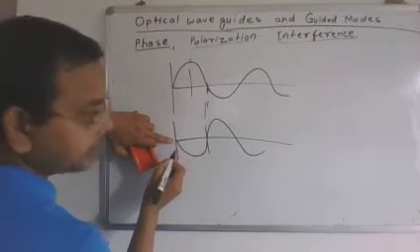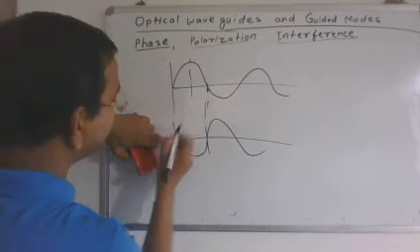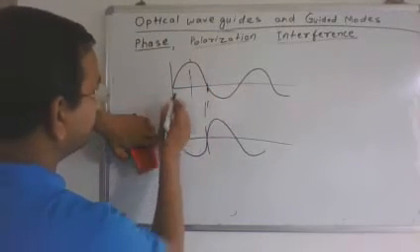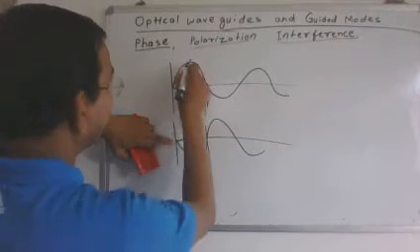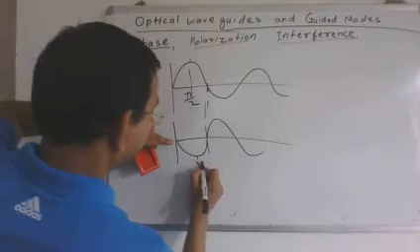Why do we say this is in pi phase? Because it's going in the downward direction. This is in pi phase, so this is also in pi phase. So this is in zero phase, this is in pi phase, this is in pi by 2 phase, this is in 3 pi by 2 phase.